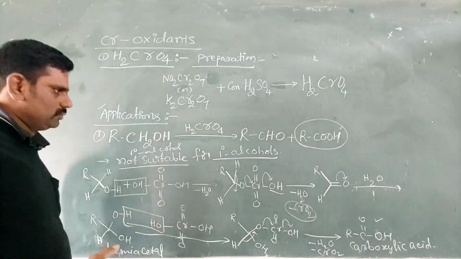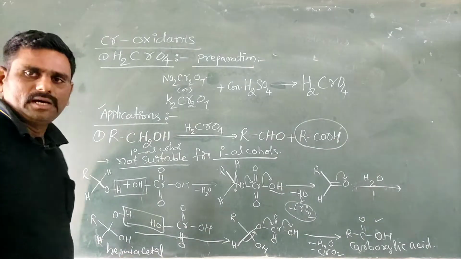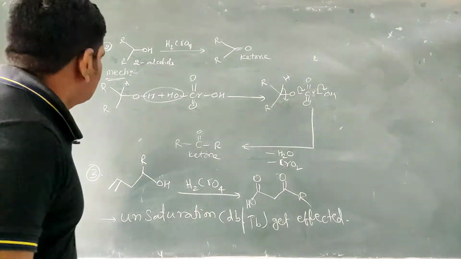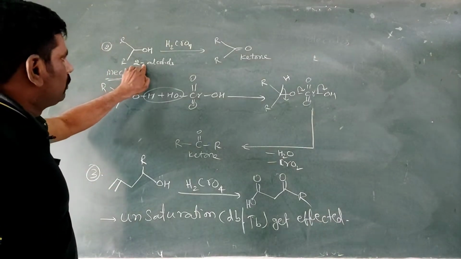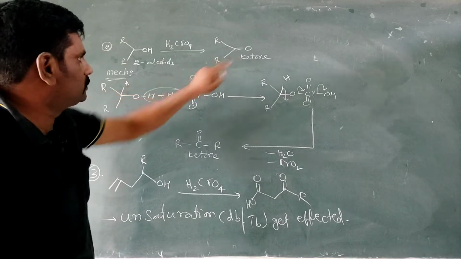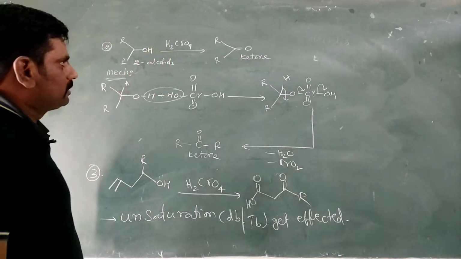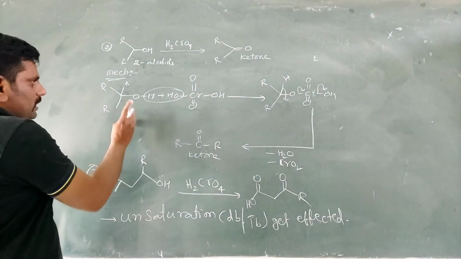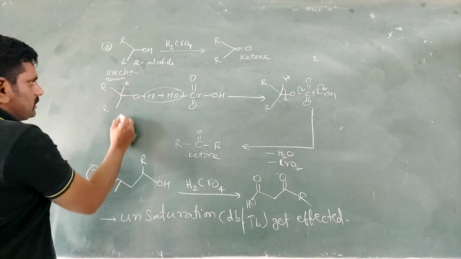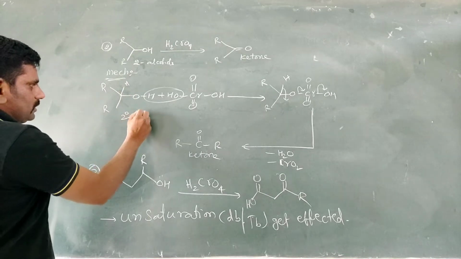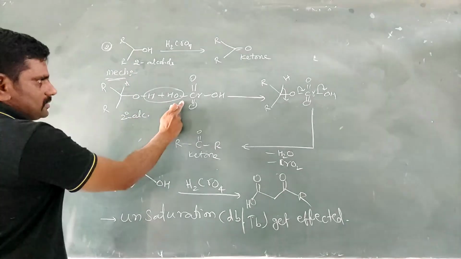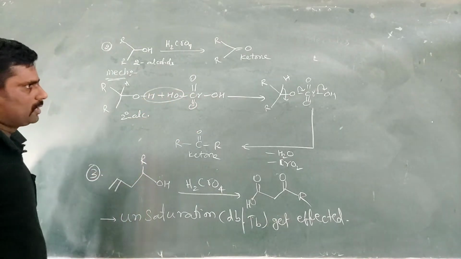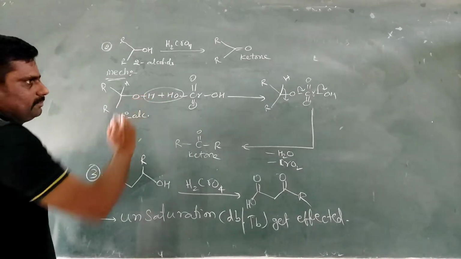Now we go on to observe secondary alcohols. Secondary alcohols undergo oxidation with chromic acid to form ketones. Secondary alcohols become ketones. In the mechanism, the secondary alcohol reacts with chromic acid, water molecules are eliminated, and chromium attaches to the oxygen.